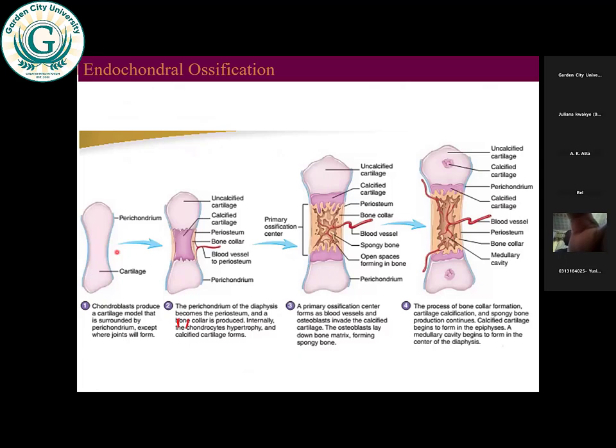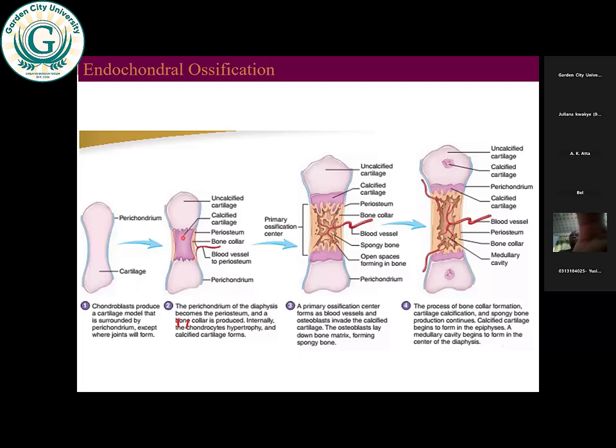So what happens is that the perichondrium around the diaphysis becomes periosteum. So this perichondrium, the diaphysis, this part here, becomes what? Periosteum.